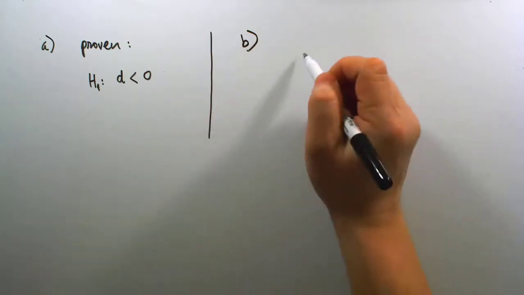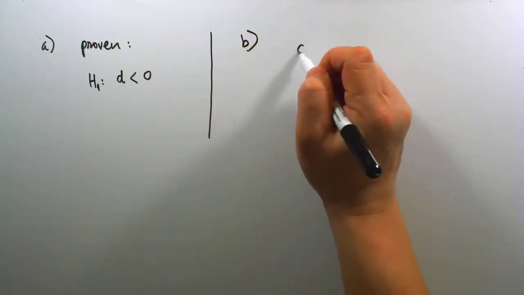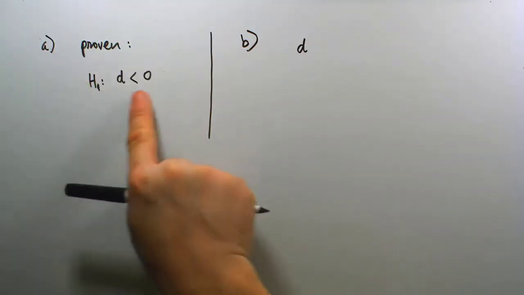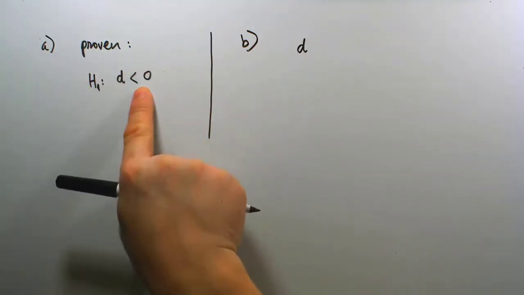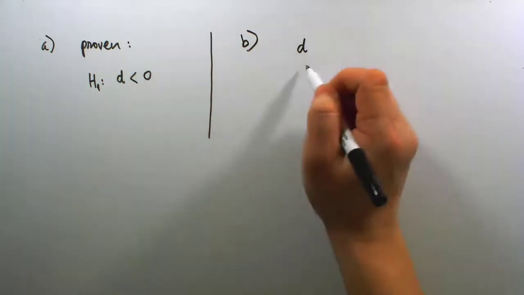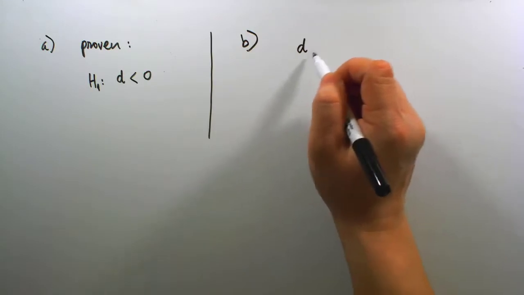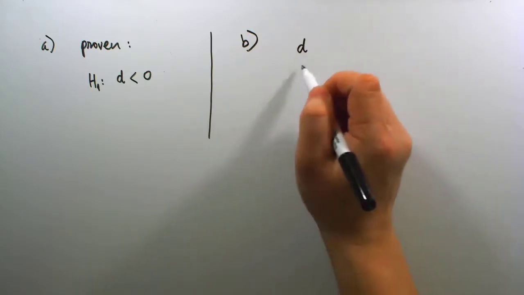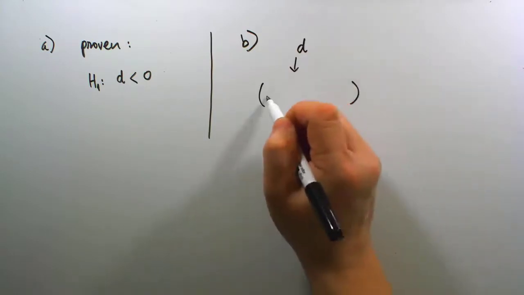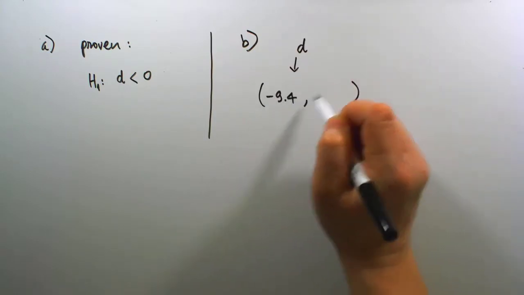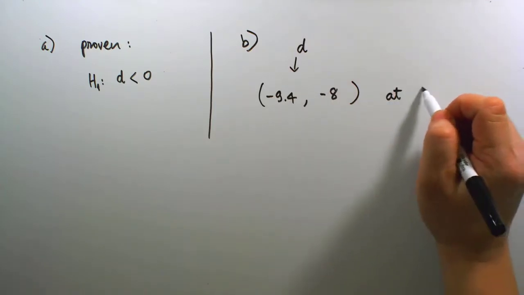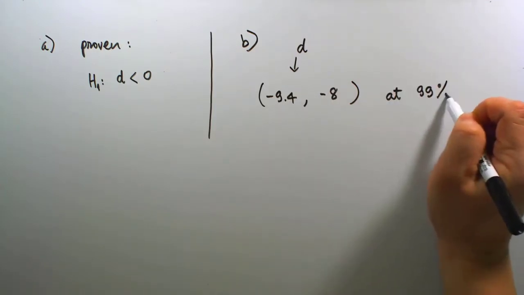Look at how we have already guaranteed. The difference, after part A, was supported to be below 0. But now we further know that this difference d is inside of our interval, anywhere between the low end negative 9.4 and the high end negative 8, and successful at 99% level.